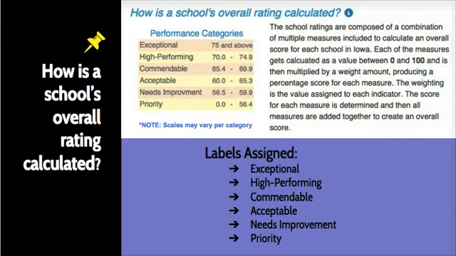So you may be asking, how is a school's overall rating calculated? The overall rating score determines which school report card category the school is assigned. You can see the categories listed on this slide. The categories are exceptional, high performing, commendable, acceptable, needs improvement, and priority. To get the overall score, you add up all of the points received for each of the individual measures.